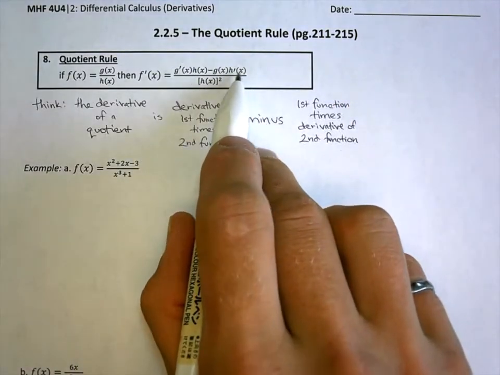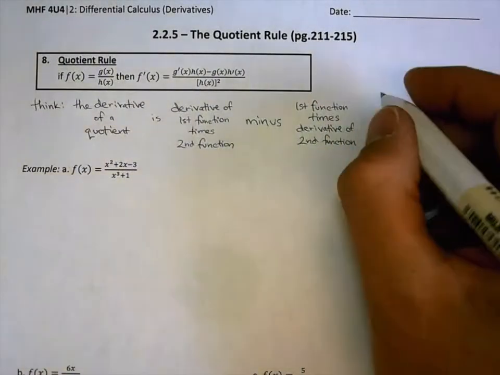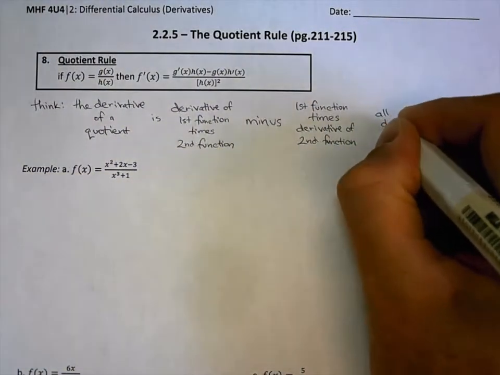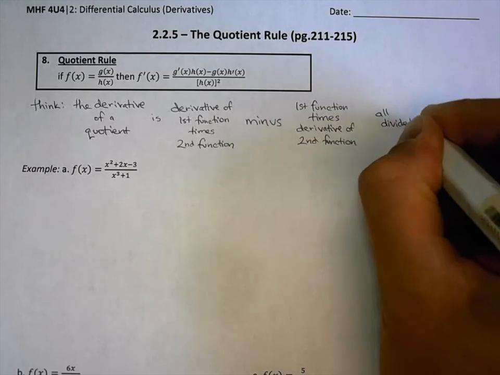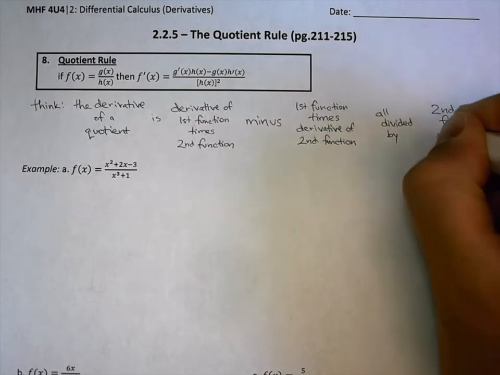Okay, all of that will be divided by the second function squared.